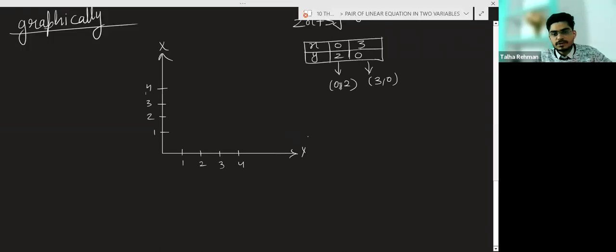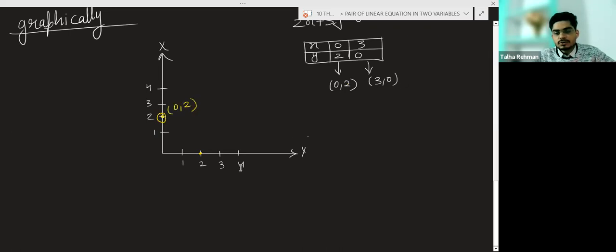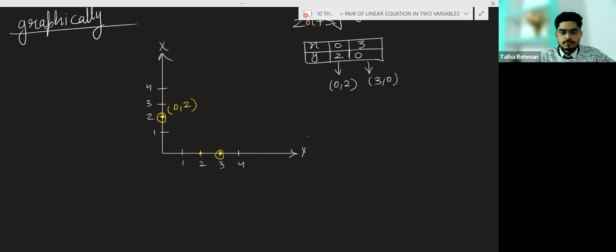Now plot this point first, 0 comma 2. The value of x is 0 and y is 2, so this point will be this. This is 0 comma 2. 3 comma 0 will be this point. Now join both these points.